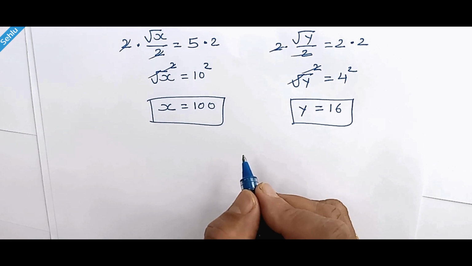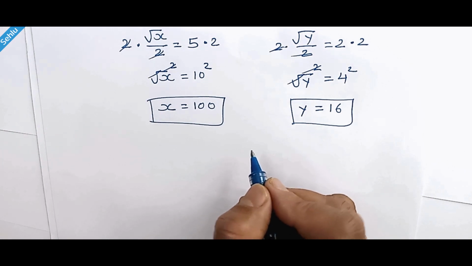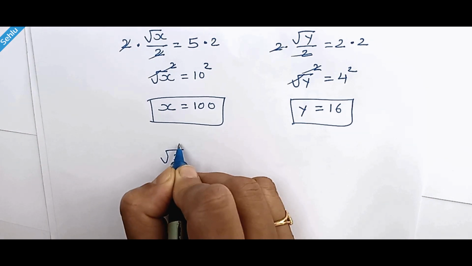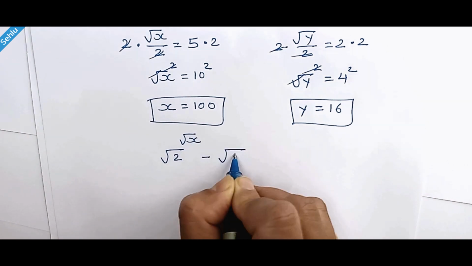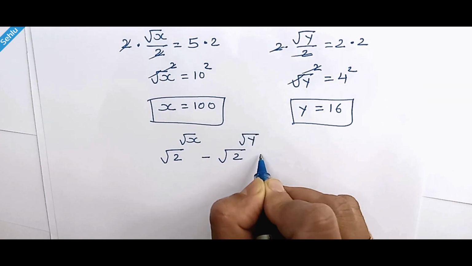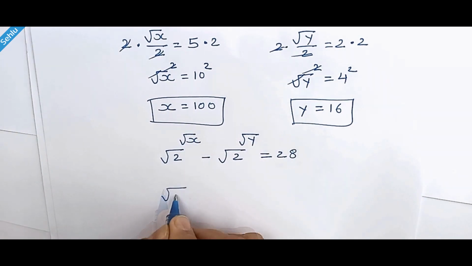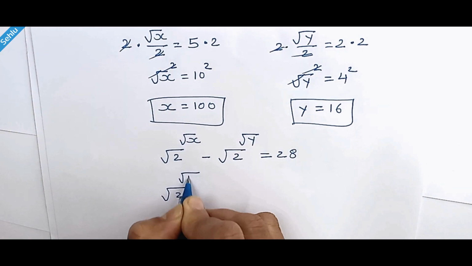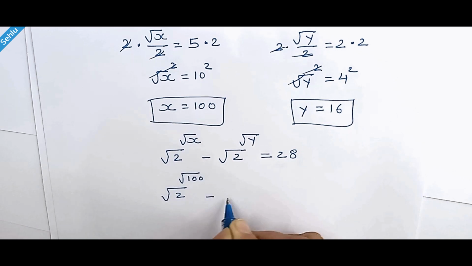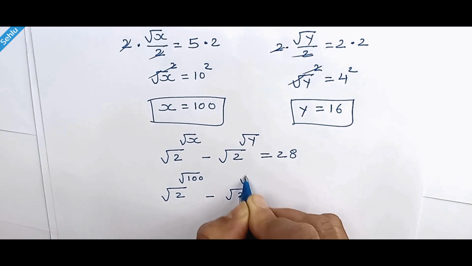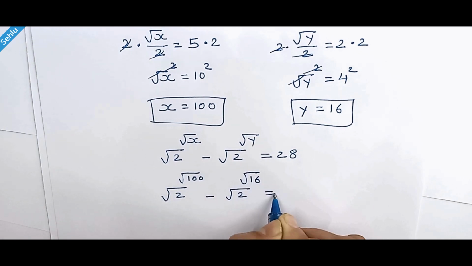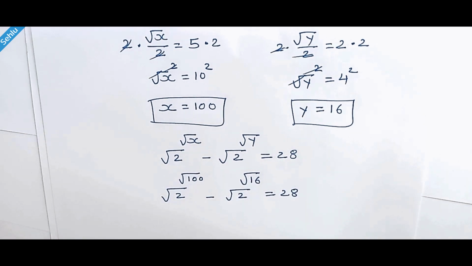Let's verify our result. The given equation is, let's put the values of x and y. Square root of 2 raised to square root of 100 minus square root of 2 raised to square root of 16 is equal to 28.